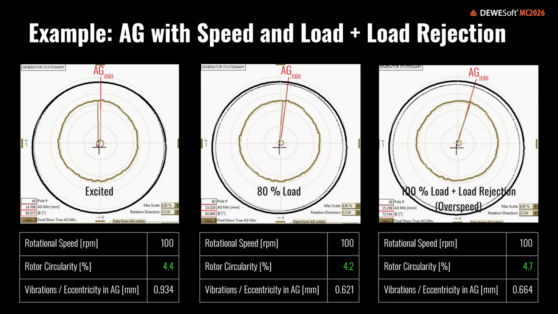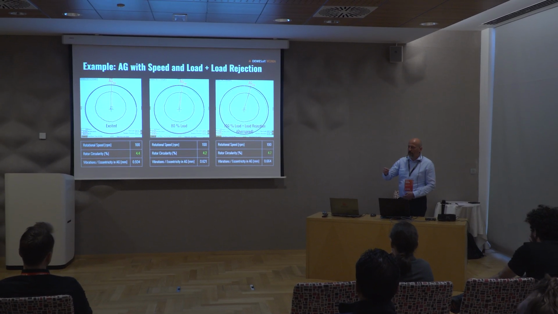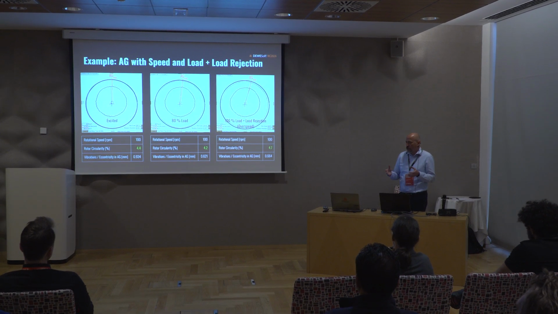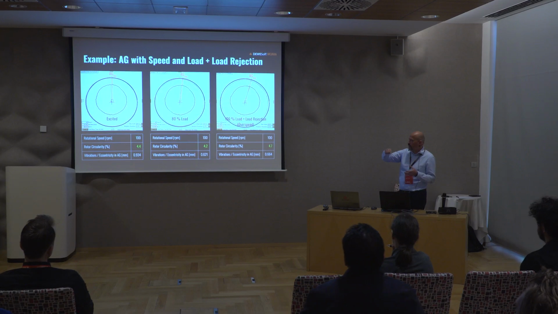At the next step, the unit is excited, so there is some change in the shape also, as you can see. But then at some point, the unit goes on load, and what happens is at some instance, the load is rejected, something happens, lightning strikes the electrical lines. The energy has to go somewhere, it cannot disappear, and then the unit increases its speed.